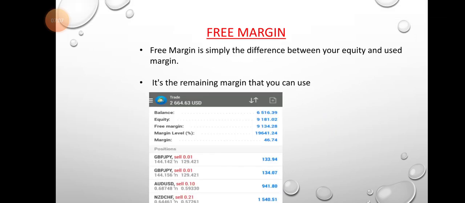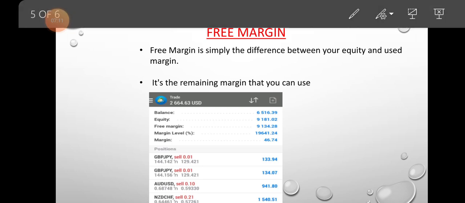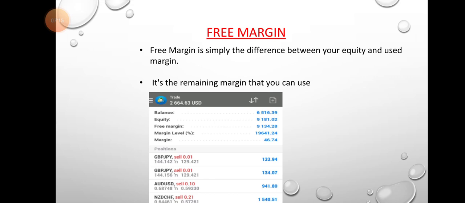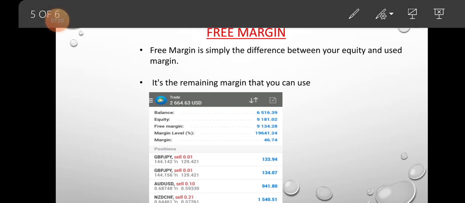So let's talk about the free margin. The free margin is simply the difference between your equity and your used margin. We already talked about equity, the floating profit or loss, which is the actual money floating in your account. You understand? It is your balance plus your unrealized profit or loss.